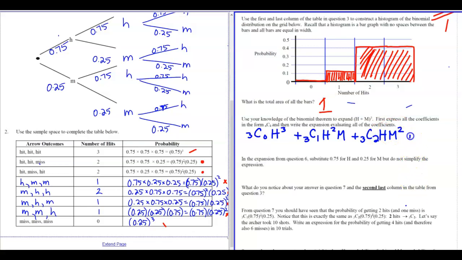And last one is 3C3 m cubed. Okay, that's the binomial theorem for that particular binomial, h plus m cubed.